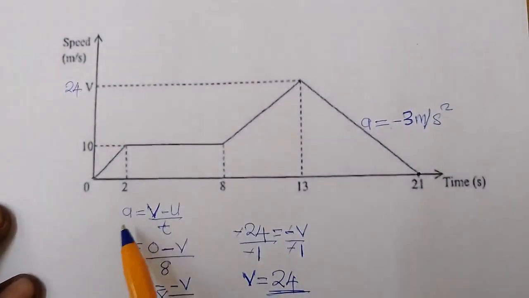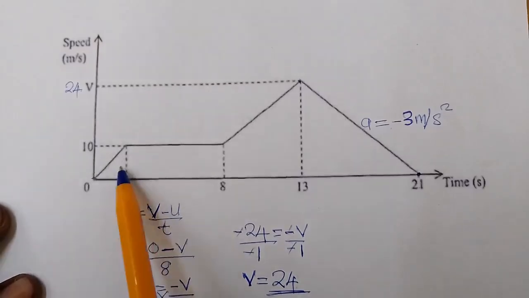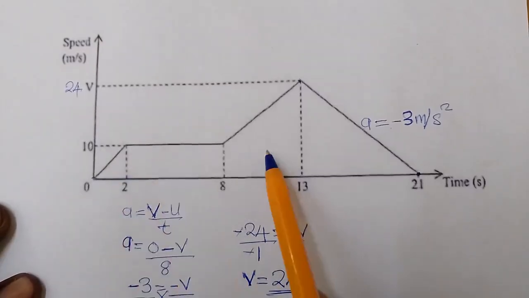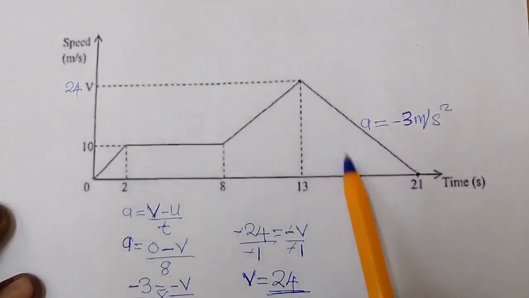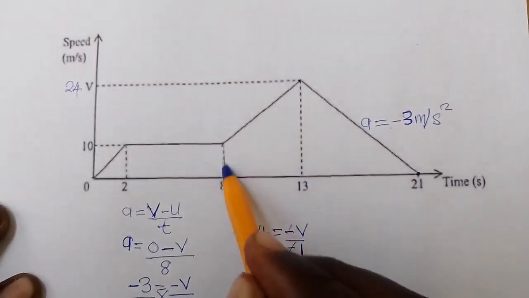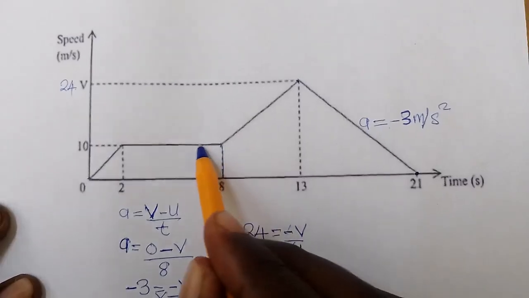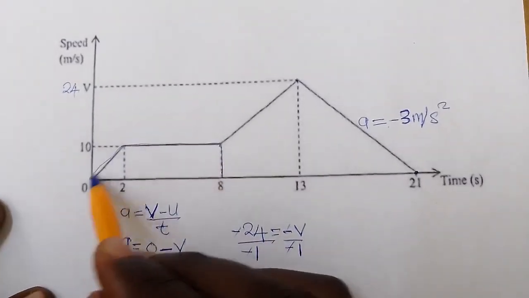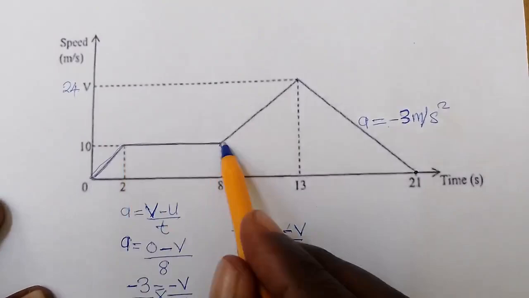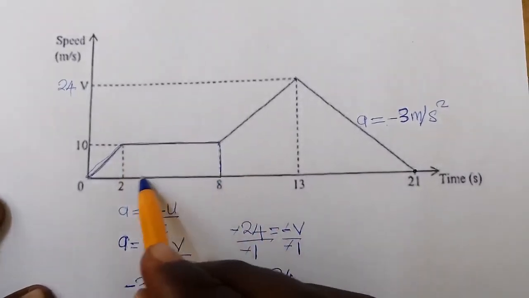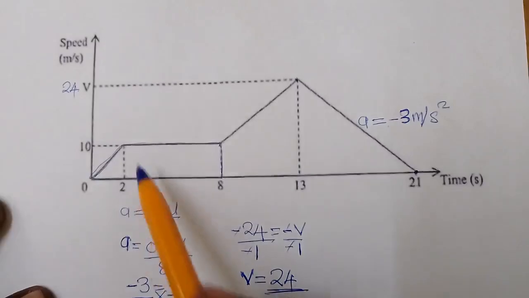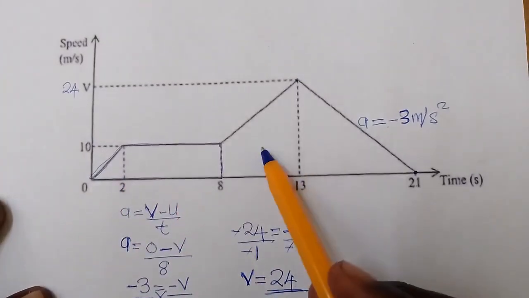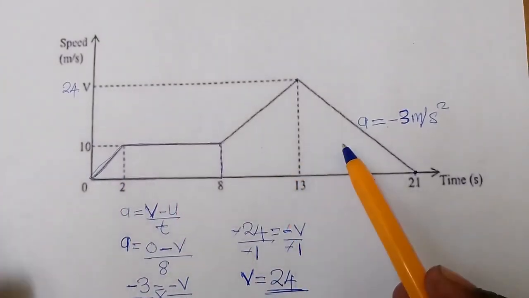How many shapes are you able to see here? There is a triangle, a rectangle, trapezium, triangle. But here, you can remove a triangle. Then you call this whole thing a trapezium. Have you seen? This is a trapezium.